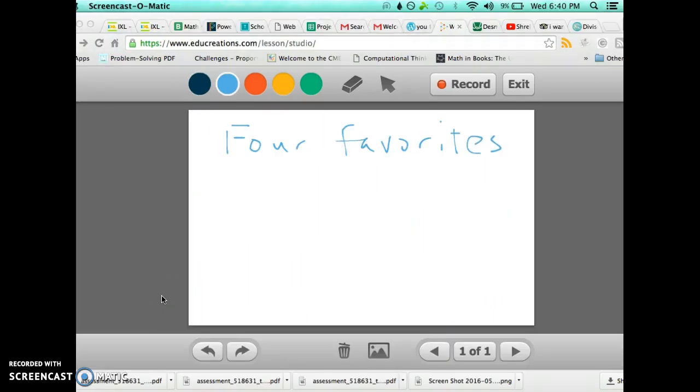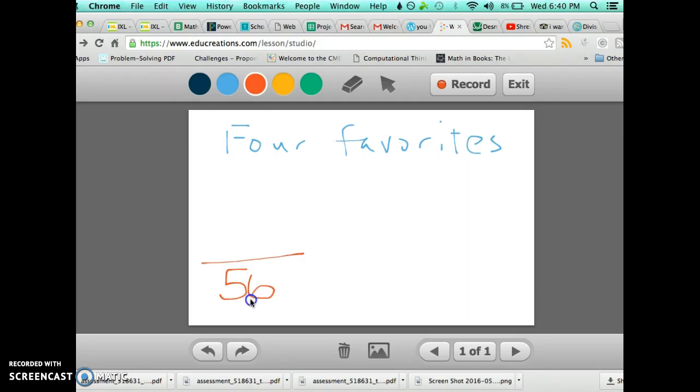Now you have 4 favorites. Put aside for the moment that that's out of 8 total songs. We already did the out of how many possible combinations there are. There's 56, but we don't care. Now we're not thinking about probability yet. Right now we're just thinking about the numerator, and the numerator is based on how many ways there are to pick two songs that happen to be our 4 favorite.